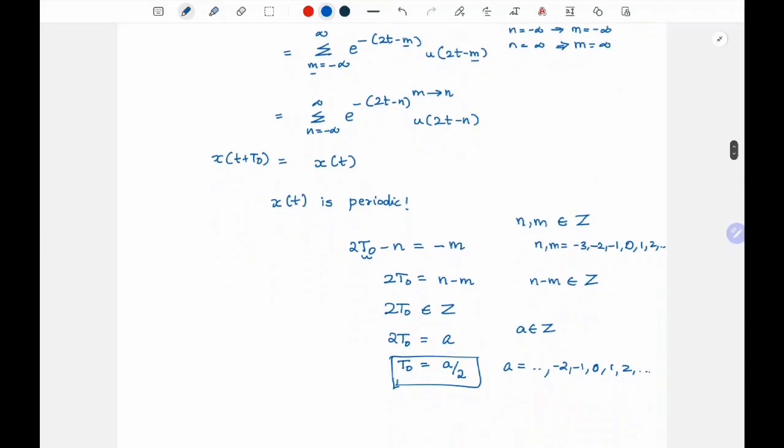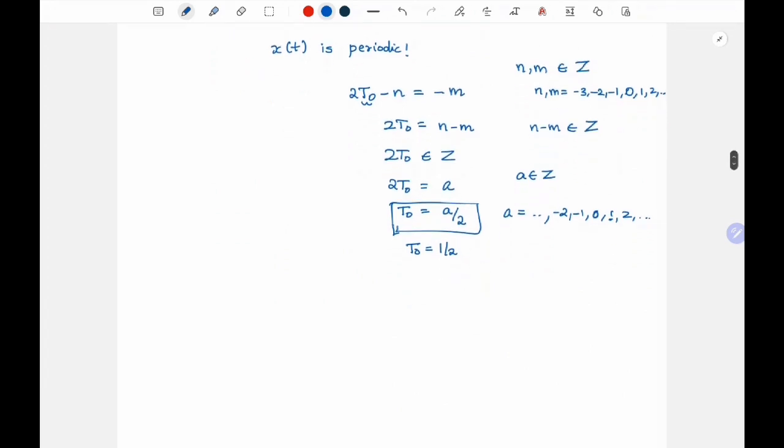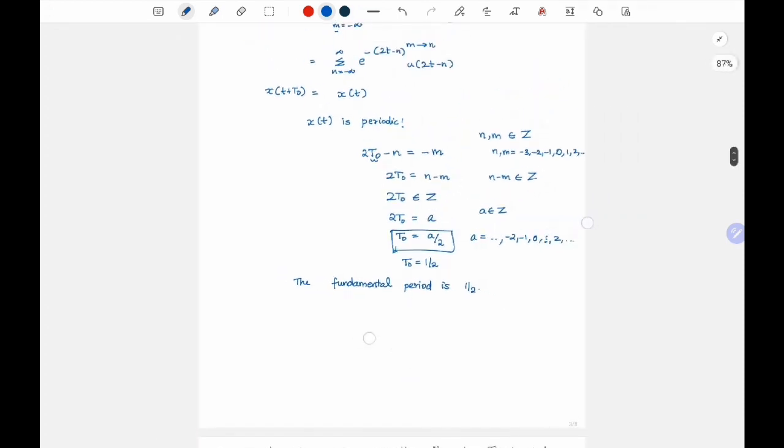You need to take some value greater than 0, which is nothing but 1. So t naught is equal to half. So this is the fundamental period. So the fundamental period is half.